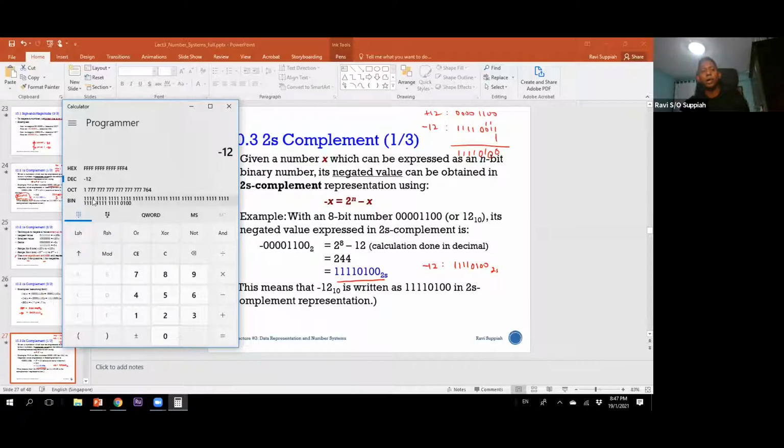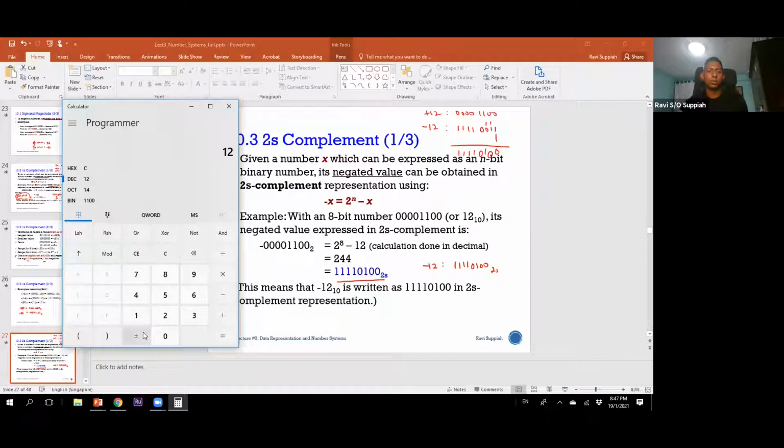Okay, why do you have all these additional ones in front of this? It is because if your system is a 64-bit system, it will represent this in 64 bits. With a 32-bit system, it will represent the answer in 32 bits. So all the upper bits would become, in this case, 1. If I were to remove the negative sign, that means all the upper bits are 0.